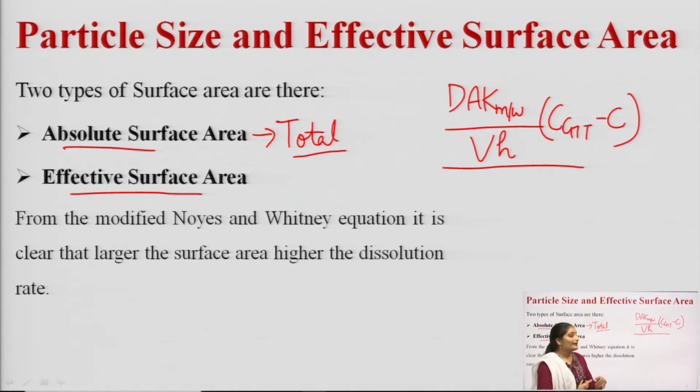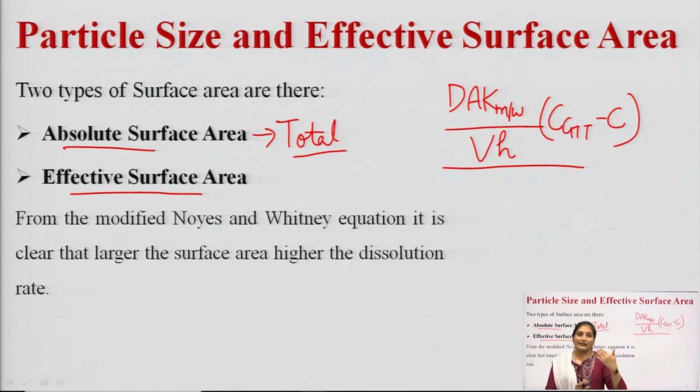As I told you in the previous lecture, whenever a dosage form is administered, whether it is a tablet or a capsule, the first step is disintegration. After that, deaggregation takes place, and the drug is converted into finer particles. These fine particles then dissolve in the dissolution medium.